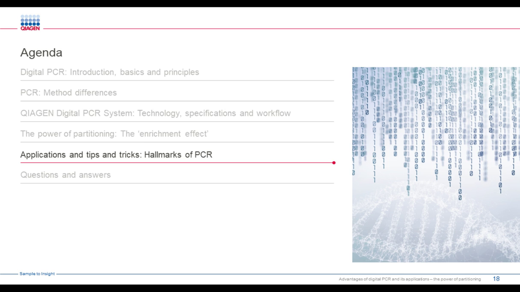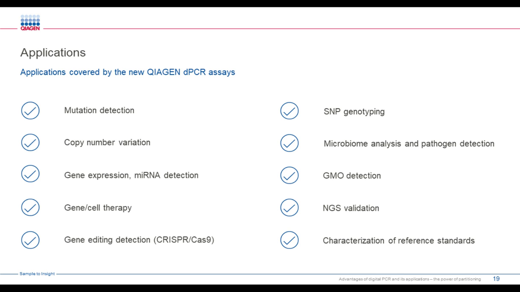If we go to applications, tips and tricks, and hallmarks of PCR. So what are the applications normally used for digital PCR? Yeah, of course, mutation detection is something that you immediately think about because this is one of the major things.